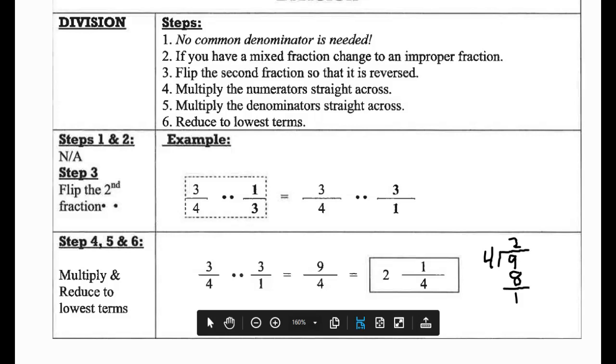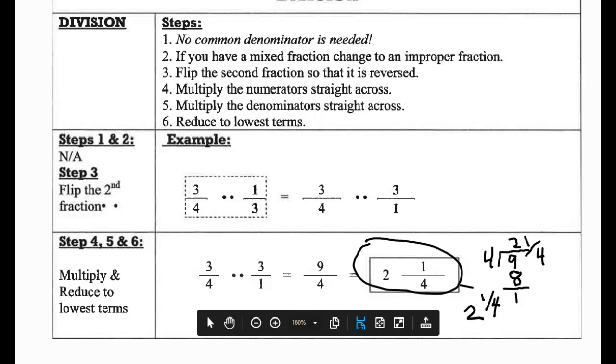So that would be 2 and 1/4, because it goes in 2 times with your remainder of 1 over 4. So you have 2 and 1/4. Okay, and that matches this right here.